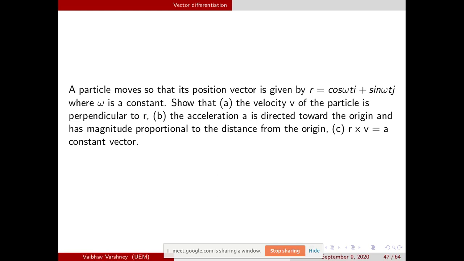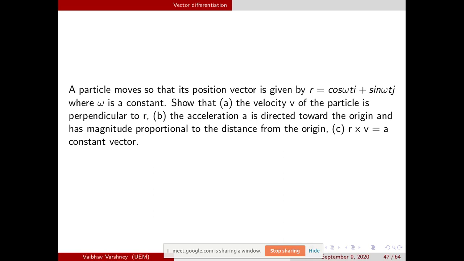Just take its second derivative, then take minus omega square common, and the bracket term is r.